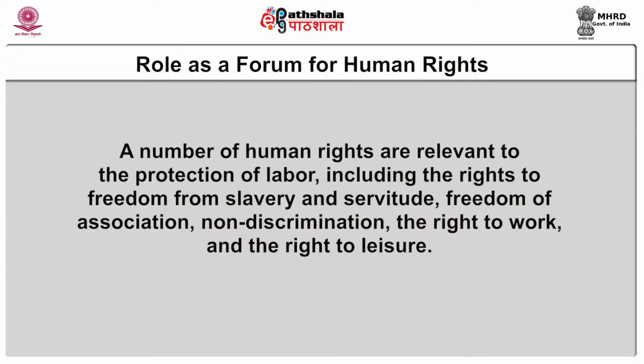Now, having said about the role of the DG and the role of the ILO, what is the role of ILO as instrument of human rights? A number of human rights relevant to the protection of labour, because labour is very effective, including the rights to freedom from slavery and servitude, freedom to form associations, non-discrimination, the right to work, and the right to leisure.